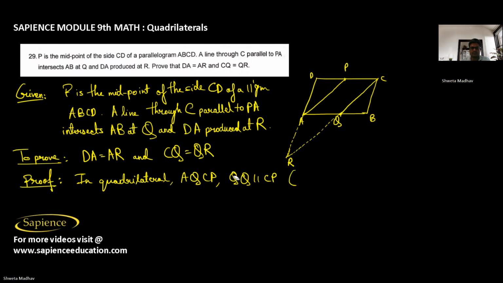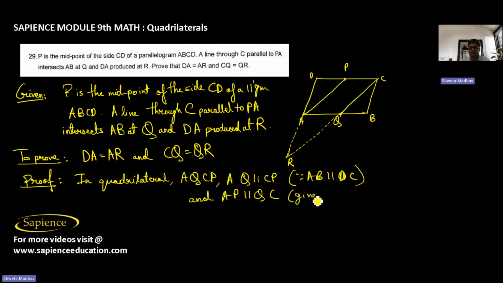AQ is parallel to CP, since AB is parallel to DC, which is given, and AP is parallel to QC, which is also given. So therefore, I can say that AQCP is a parallelogram since both pairs of opposite sides are parallel.